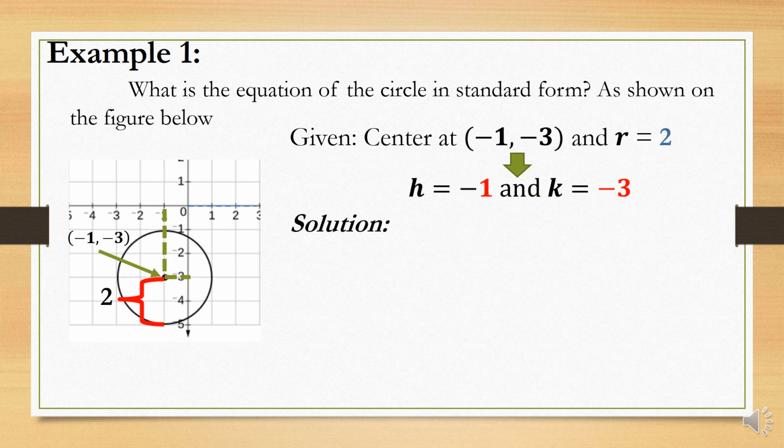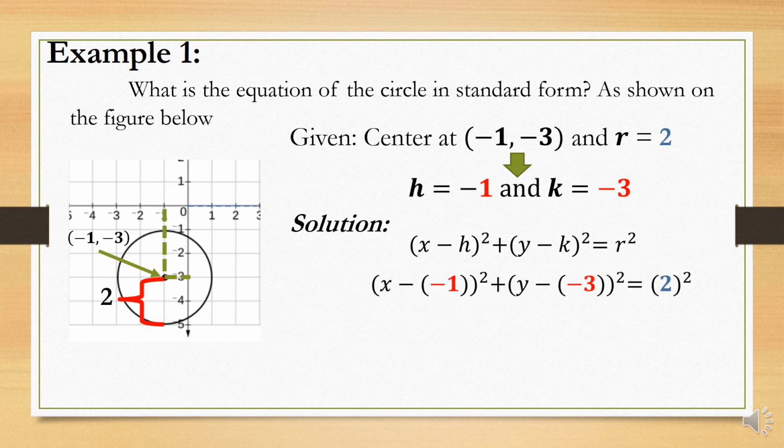Now, using the formula of the circle in standard form, we substitute the values: h is negative 1, k is negative 3, and r is already given, which is 2.